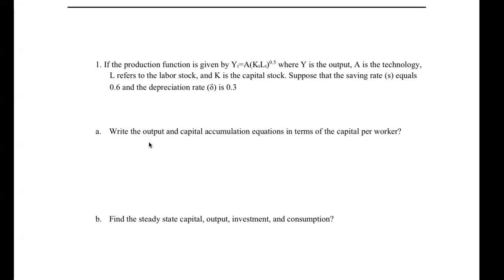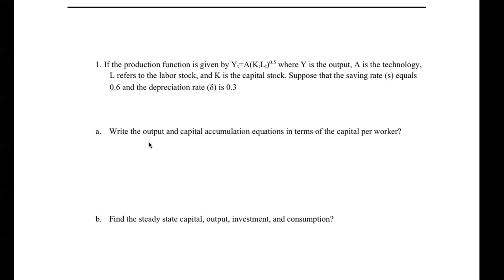For this part, if you remember the first discussion, you will know that this is just the output per worker. And then to convert this part to capital per worker, it's KT 0.5 divided by LT, right? I just rewrite LT as LT 0.5, LT 0.5.